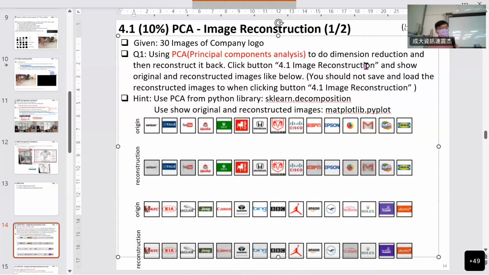And what you should do is use PCA, calling the PCA function, and do the dimension reduction.